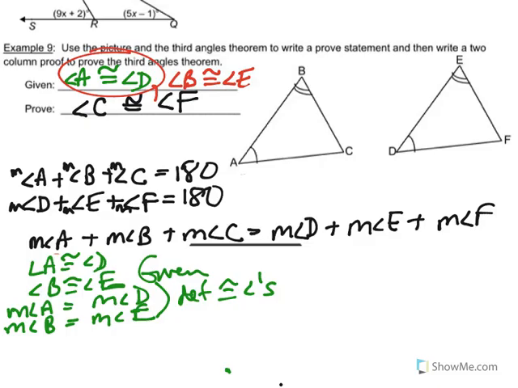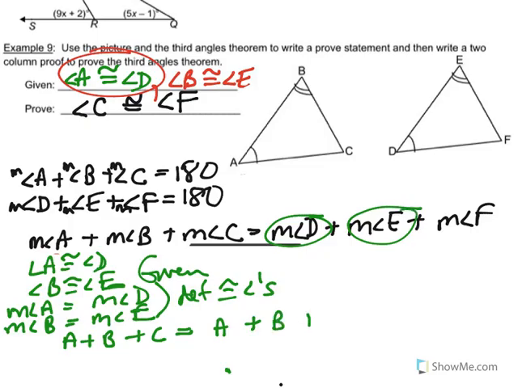I'm going to leave the left side just as it is. I'm going to stop using the measurement notation, but know that it needs to be in there. A plus B plus C needs to equal the measurement of angle, and I'm going to substitute A right here, A plus E. I'm going to substitute a B right there, and then we'll leave the F.